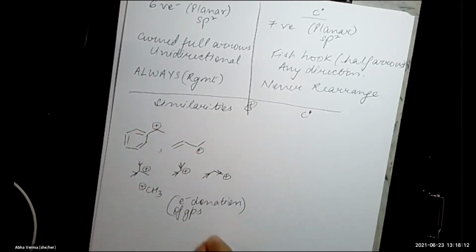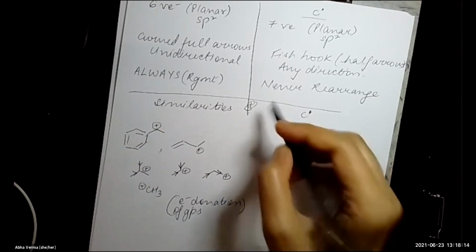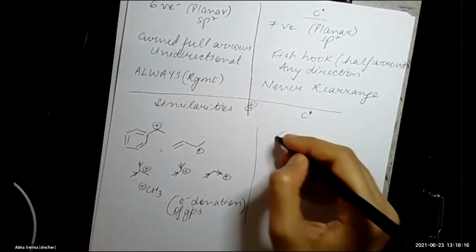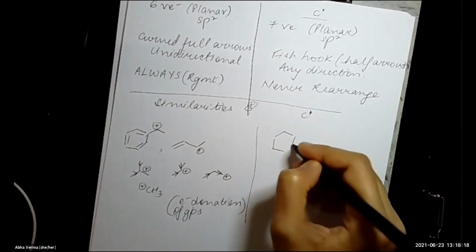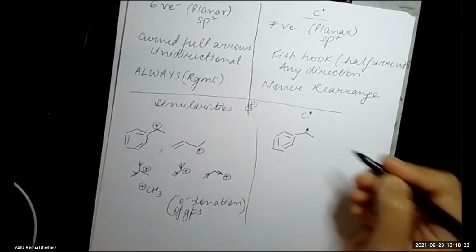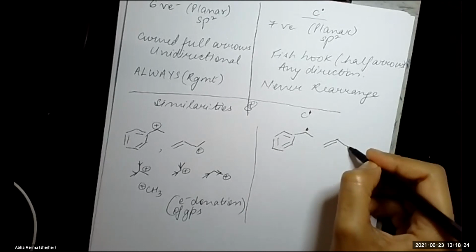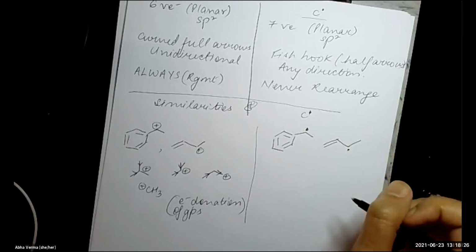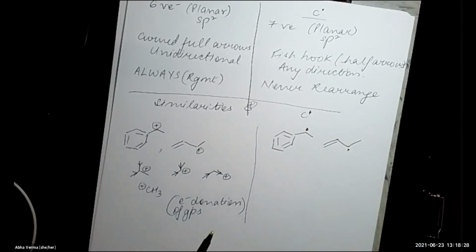In a very similar fashion, radicals also experience this order: benzylic, allylic, and vinyl the lowest one. Vinylic carbocations will be very, very unstable.